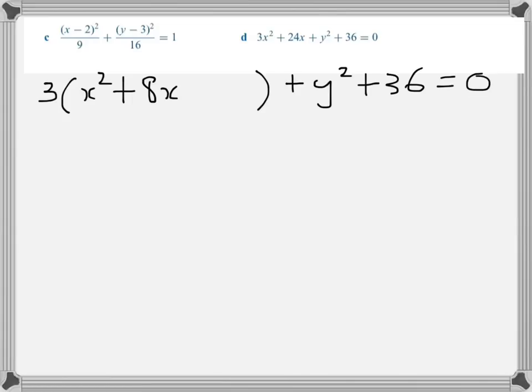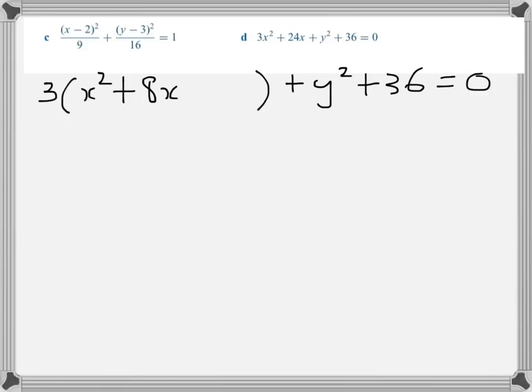because you've got to take the 3 outside, both the x squared and the 24x term, and that's what it becomes in the bracket. If you're not sure, multiply it out again and have a look and see whether you're doing it correctly, okay? But if you multiply by something outside the bracket, you must divide by it inside the bracket to compensate. That's the way it goes.